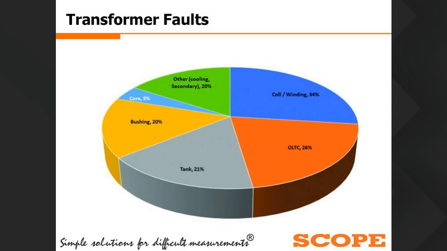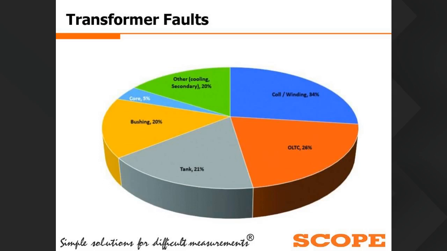Damage in the tank causes around 21%. Problems in the bushing due to insulation deterioration account for 20%. Faults in the core account for 5%. And other, that is cooling or secondary parts, account for 20%.